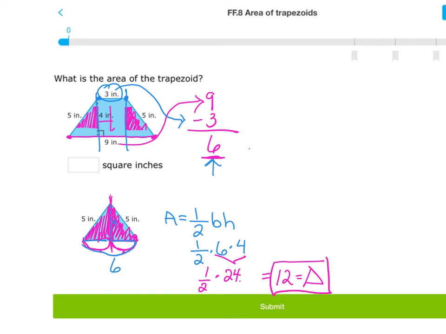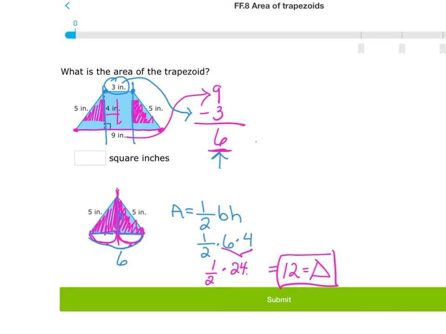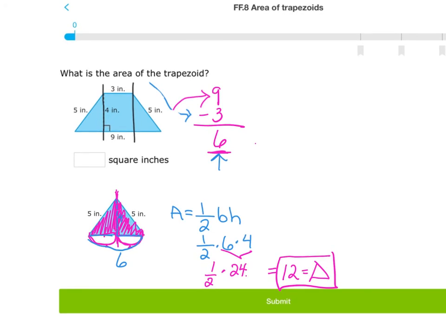Now I haven't finished yet, because the next thing I need to do is find the area of the middle part of this. So remember that I cut it here and here, and I basically now need to find the area of this rectangle right here. Cut off a little bit of that, but you get the idea.